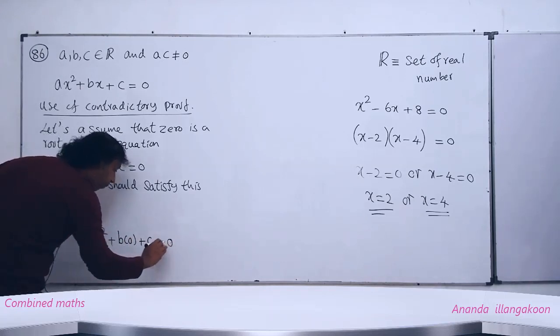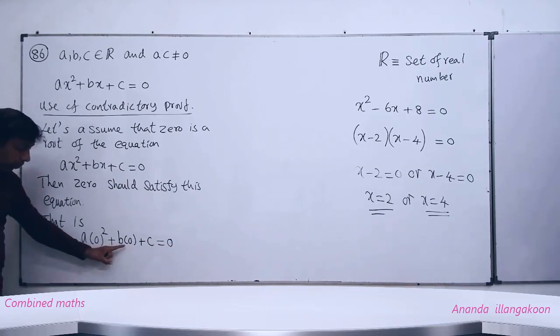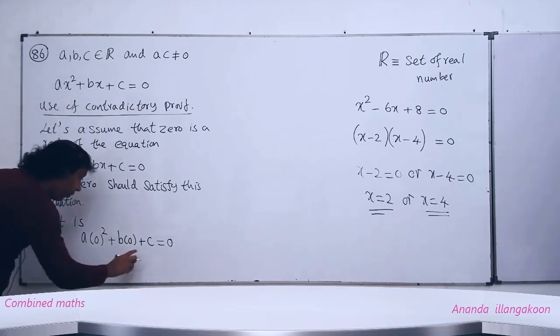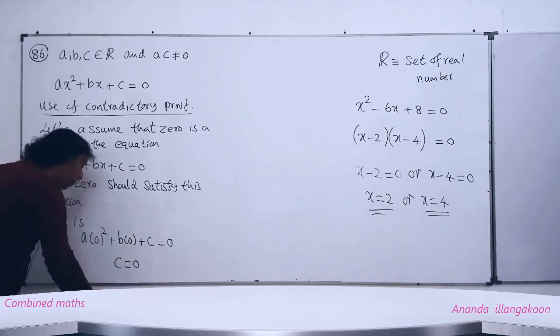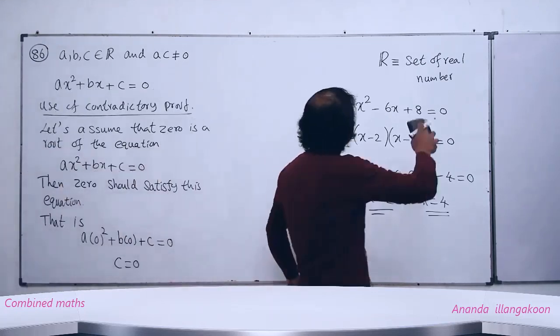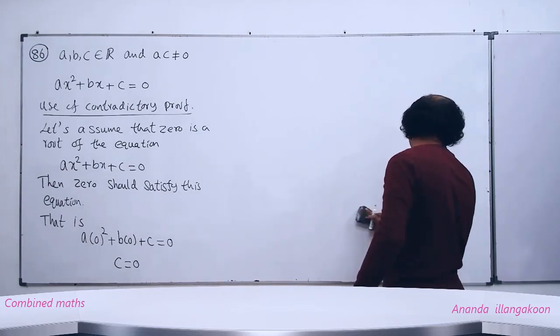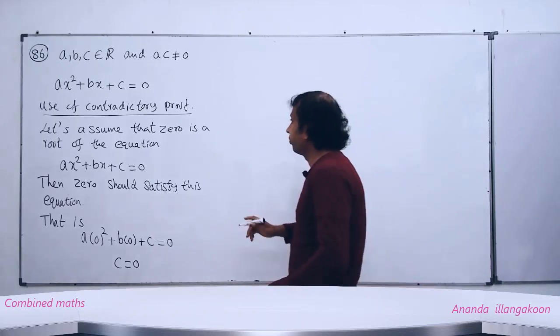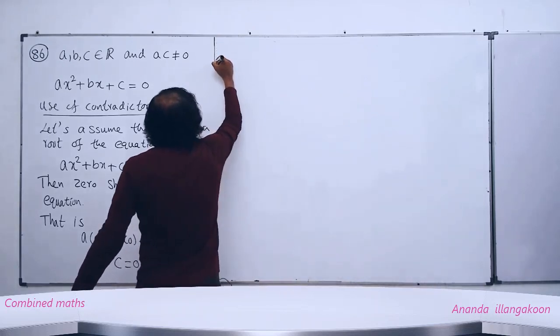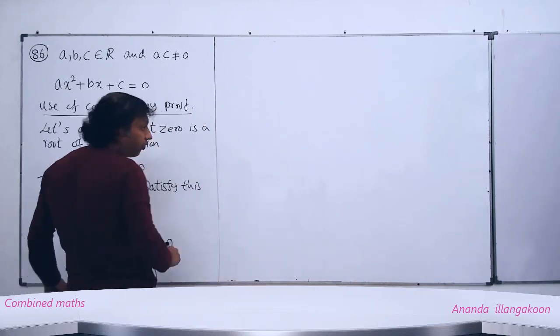Like this. 0 squared is 0. A into 0 is 0. B into 0 is 0. Then we get, people, C equals 0. Here C equals 0 we got.